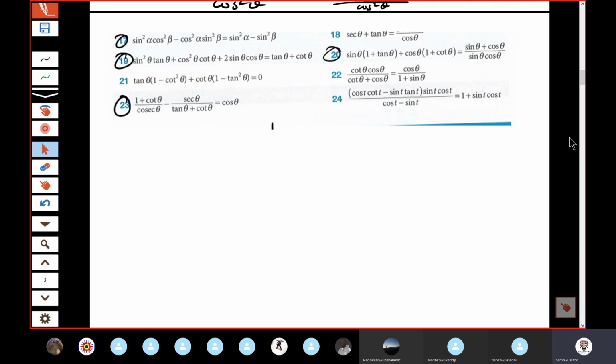Sine squared alpha cos squared beta. Let me see how you did it there, right? What did you try? Change it to one minus sine squared theta.